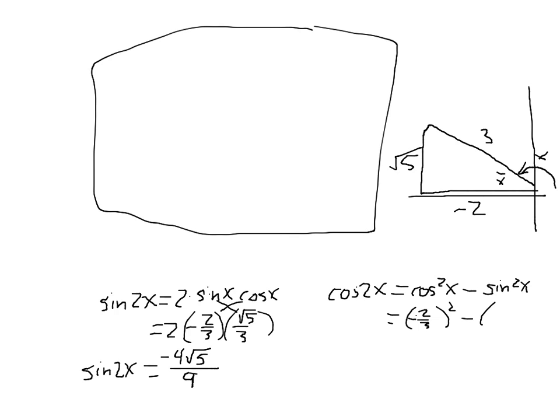Minus square root of 5/3, and we square that. Those are sine squareds there. Negative 2/3 squared is 4/9 minus 5/9, which tells me that my cosine of 2x is negative 1/9. And since both sine of 2x and cosine of 2x are negative, we know that 2x is going to put us somewhere in the 3rd quadrant.